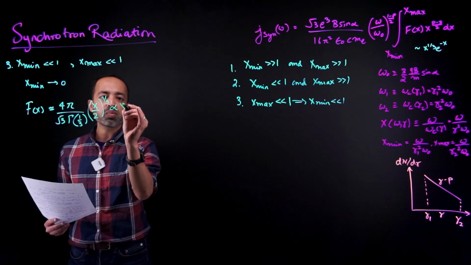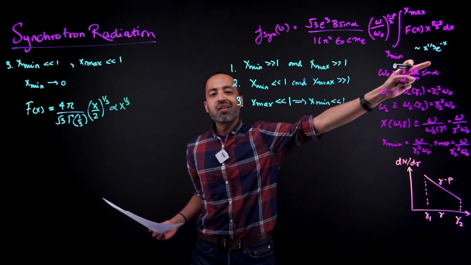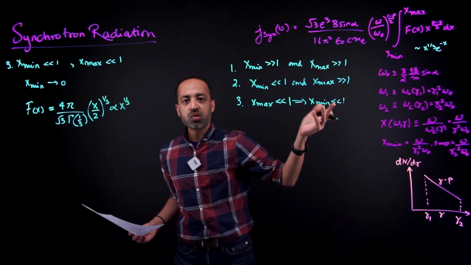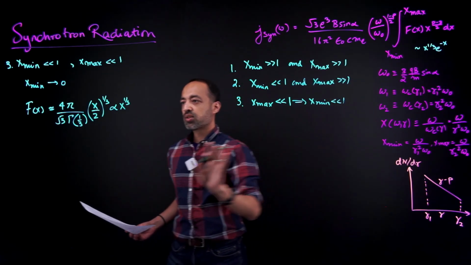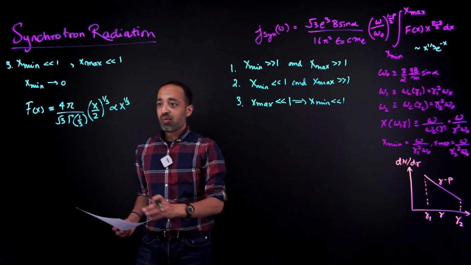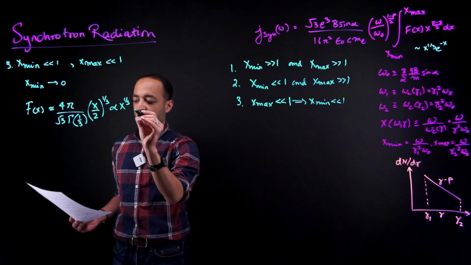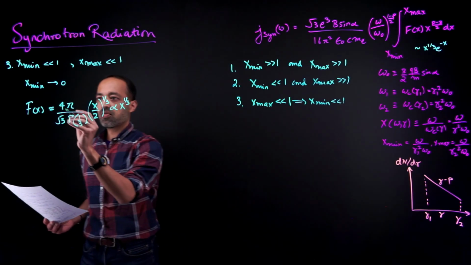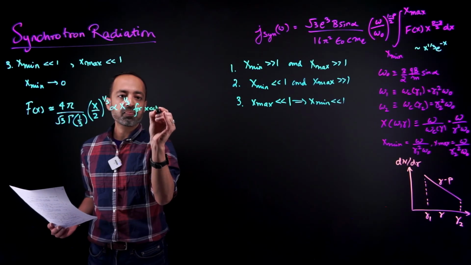And critically, of course, it is proportional to x to the 1/3, which is what we had there. And remember, for small values of x, e to the minus x is just 1, and so these make sense. And this is a twiddle. I haven't given you the normalization. This stuff out here is the full normalization. So now we can just substitute this in there because, to be absolutely clear, this is for x much less than 1.